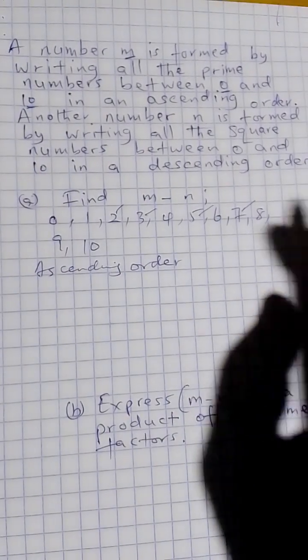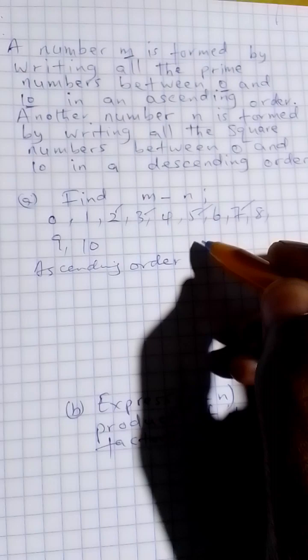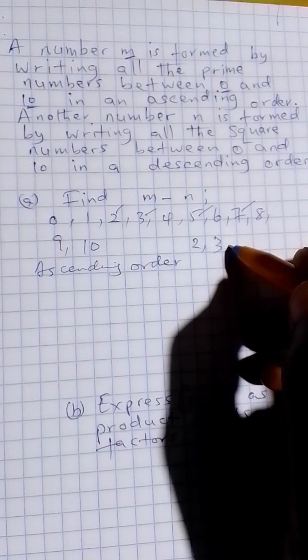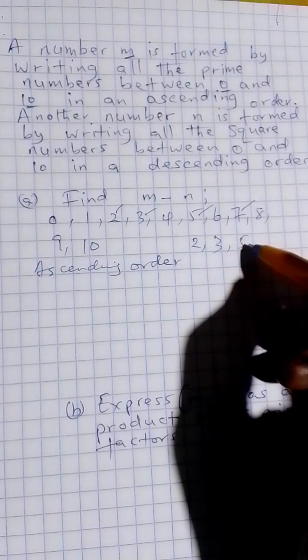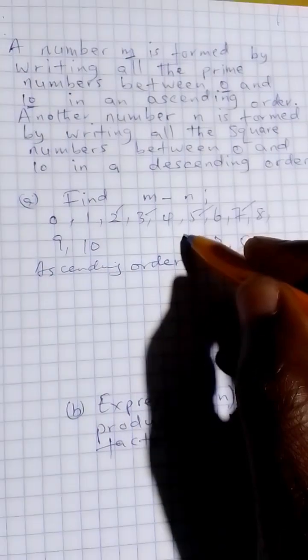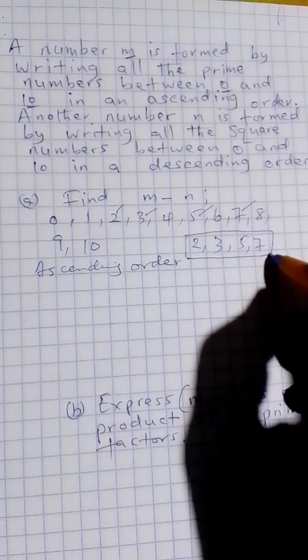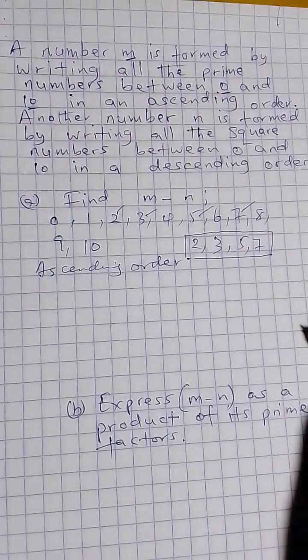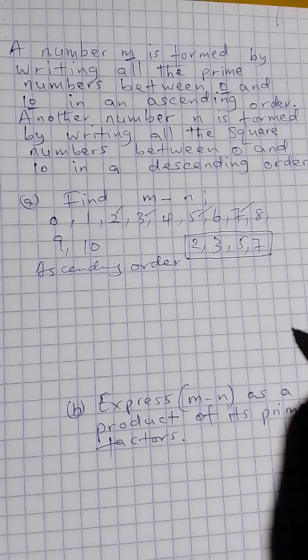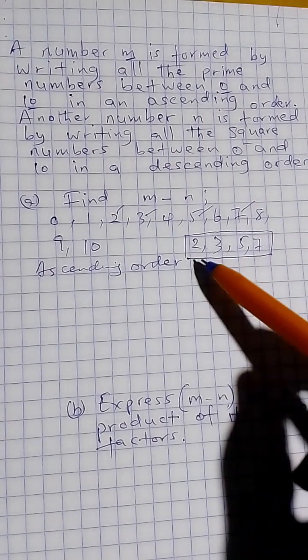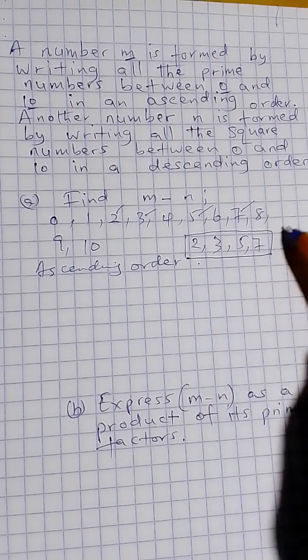first of all, we have identified the prime numbers to be 2, 3, 5, and 7. When we write them in ascending order, it means that we write them from smallest going to the largest.